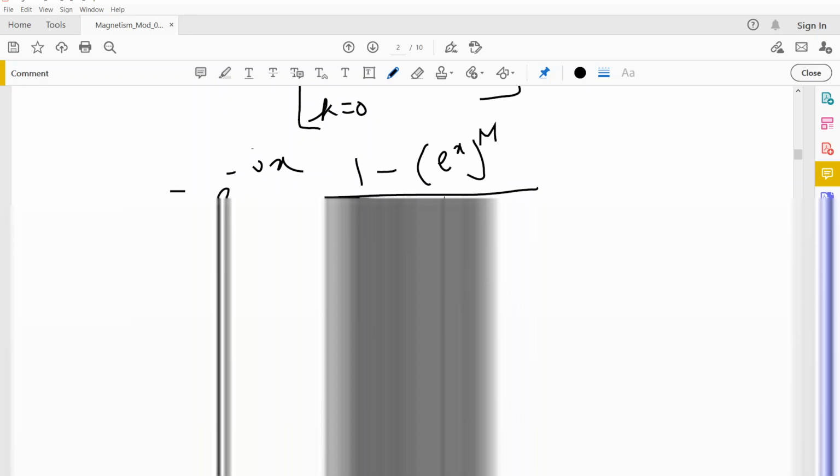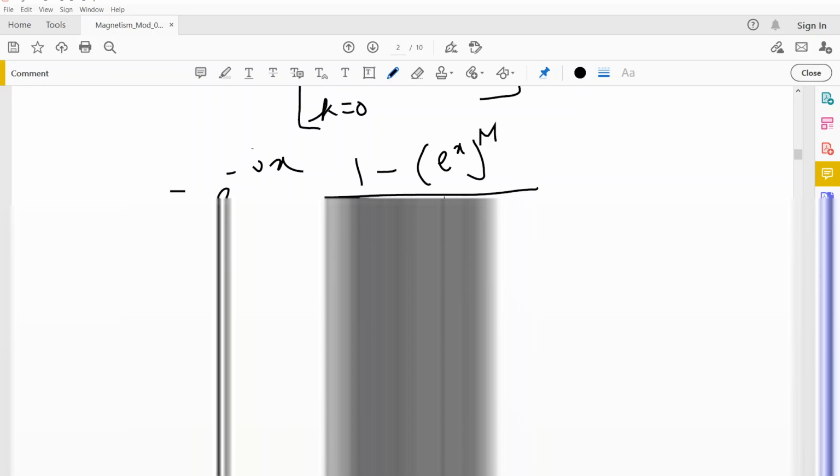So these two are cancelled, and the expression for the partition function just becomes sine hyperbolic (j plus half)x divided by sine hyperbolic x by 2. So that's the expression for the partition function in our problem.